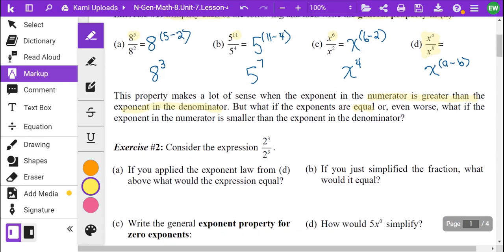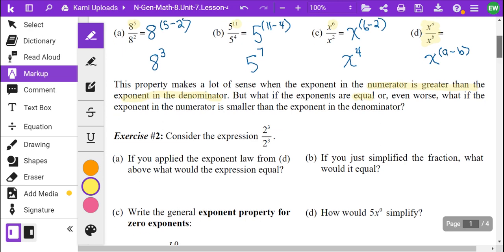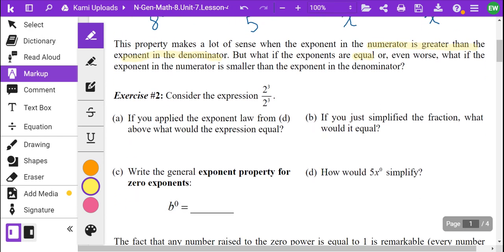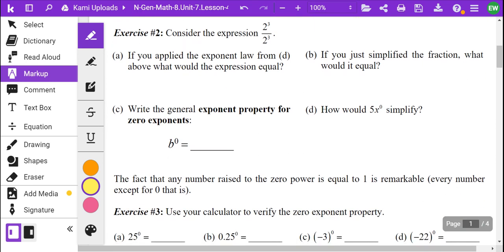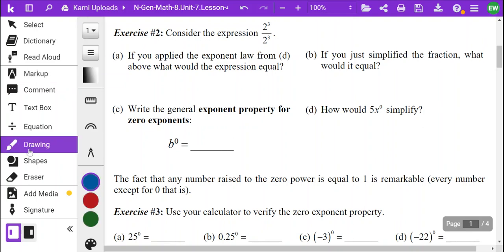So we're going to go over today those specific rules when exponents are equal and when the denominator exponent is greater than the numerator. Something always important when you're looking at these is that you have to make sure that your bases are the same.